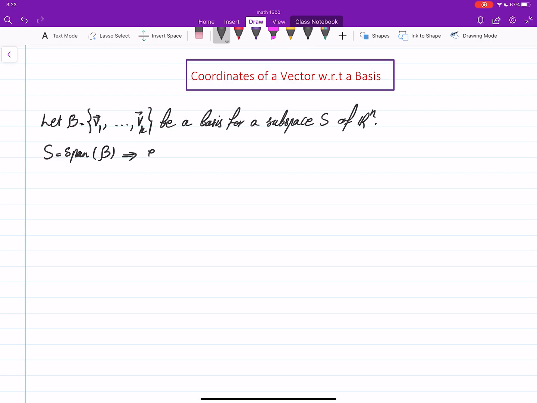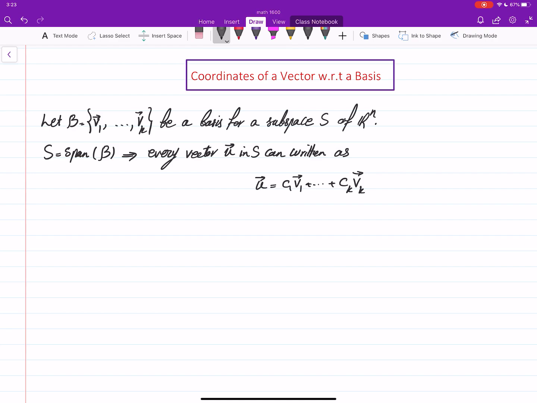Which means that every vector u in S can be written as a linear combination of vectors v1 up to vk. So u is equal to c1 v1 plus up to ck vk.